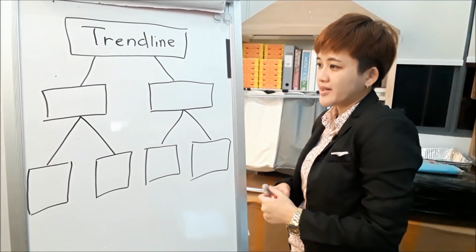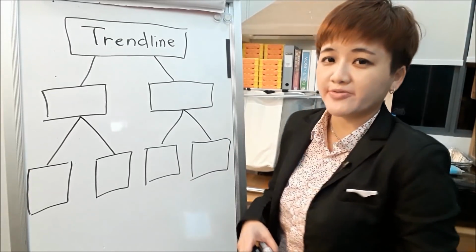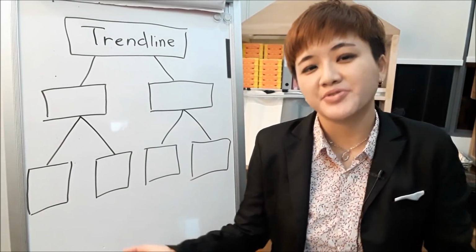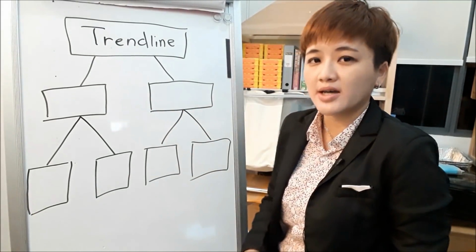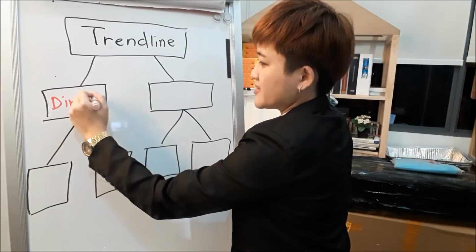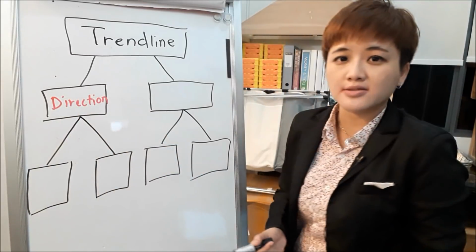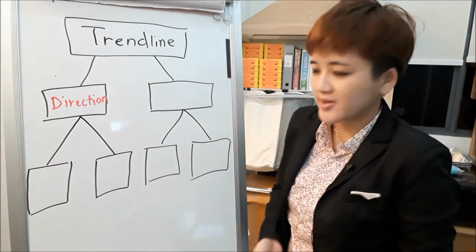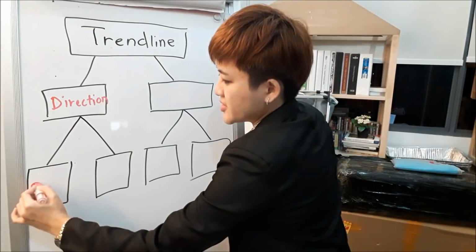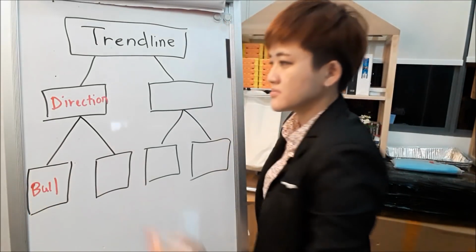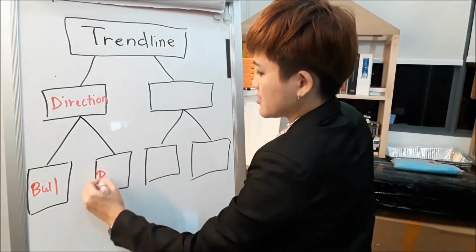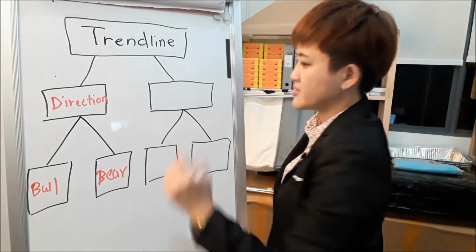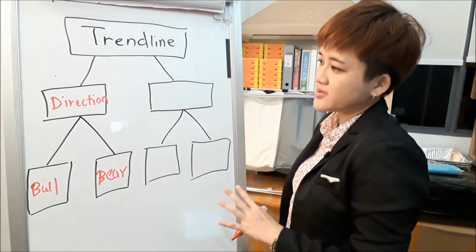So a trendline can come in many different forms, but let's just make life simple, okay? We classify it into two main types. The first type is you can classify it based on the direction. Just now I showed you one trendline, and that is the bullish trendline. And for a bearish trend, you can draw a bearish trendline which slopes downwards.